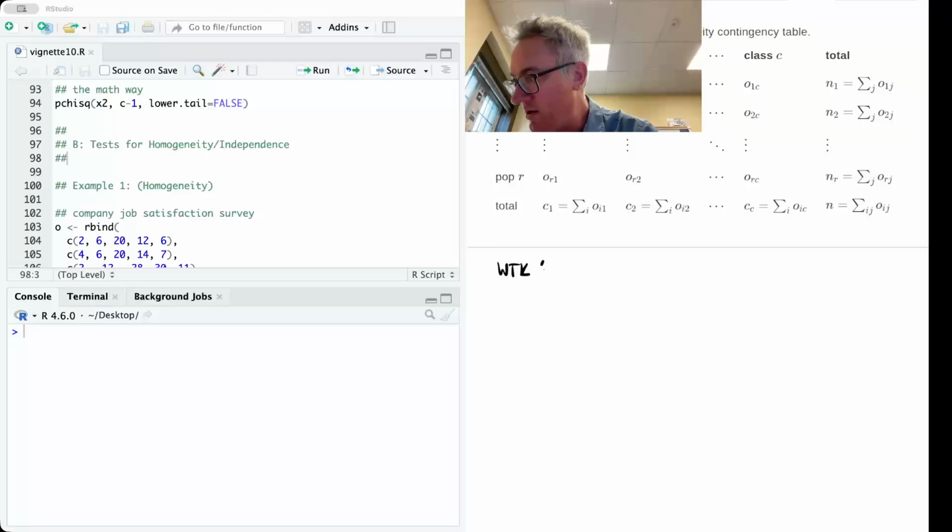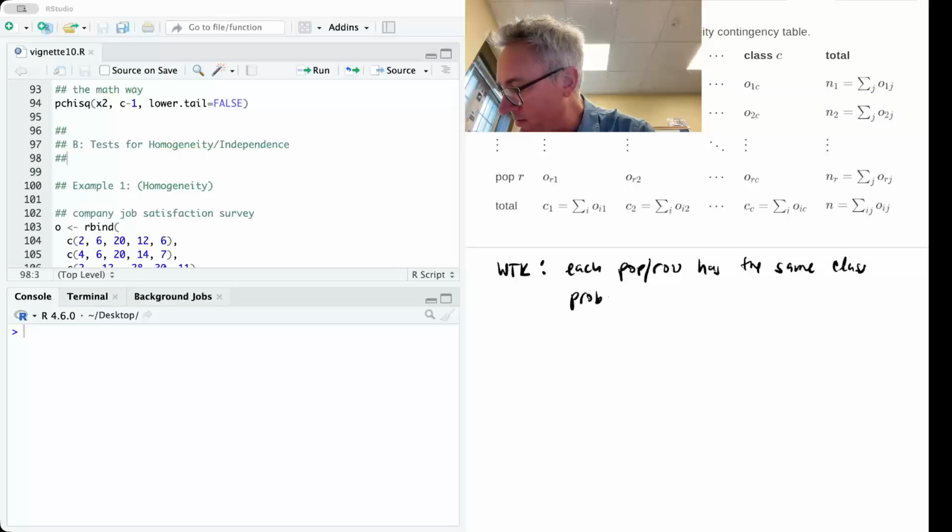What we want to know for a test of homogeneity is if each population, which is what you're looking at down the rows, has the same classification or categorical probabilities or not.